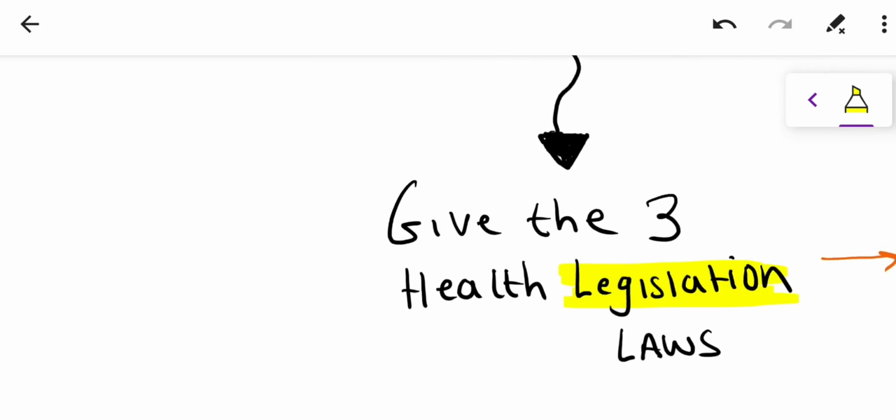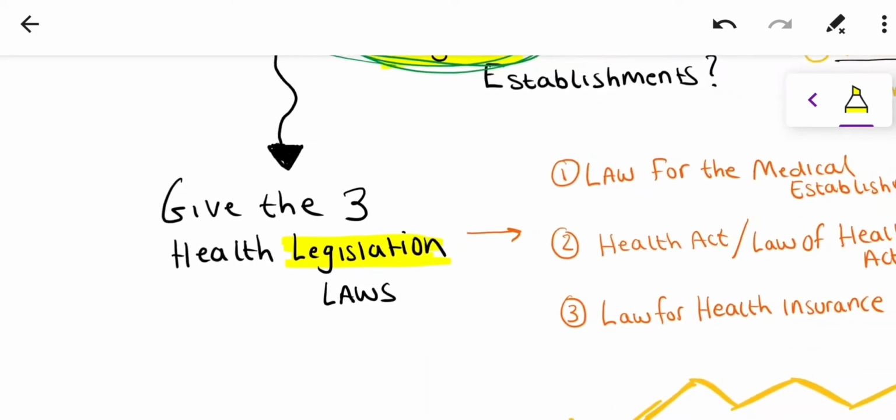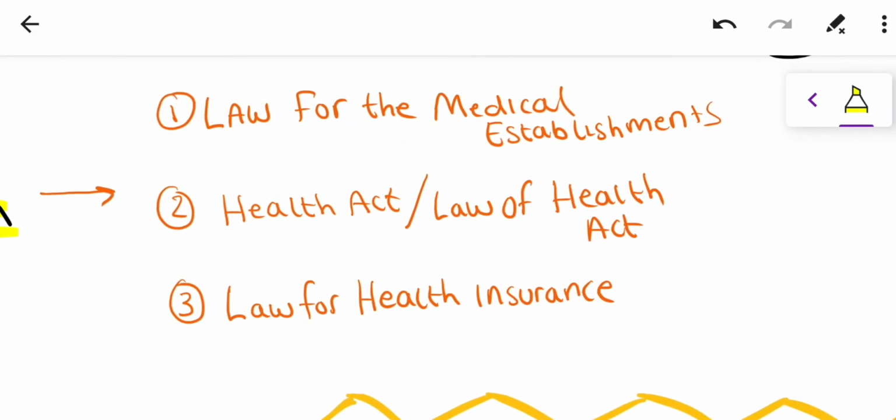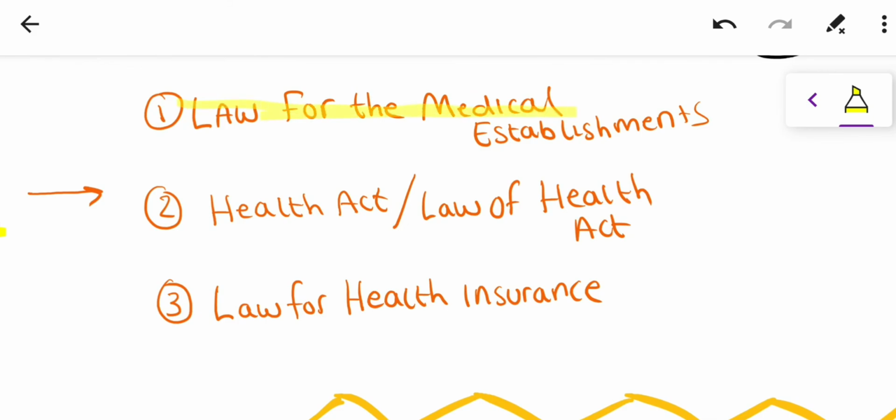Give the 3 health legislation laws. Now, this is what we just did in the previous lecture. This is the law for the medical establishments. Again, this comes up in both answers. So that can help you out at least, knowing that this is a definite answer for both questions. You've secured yourself 1 mark.